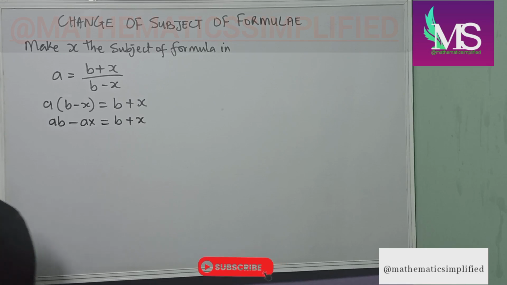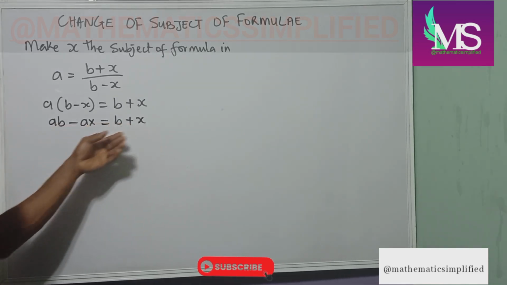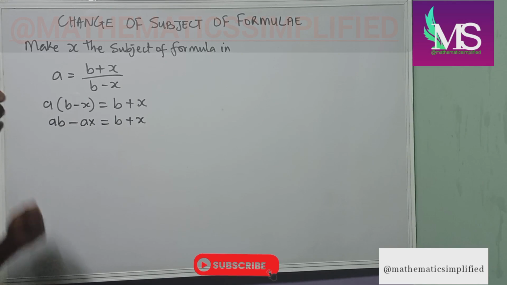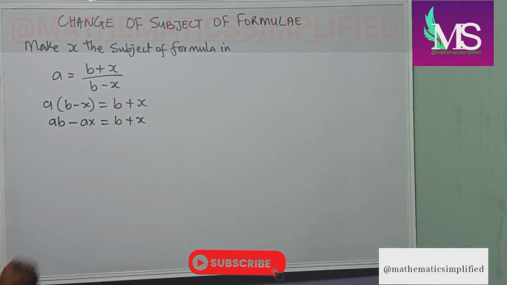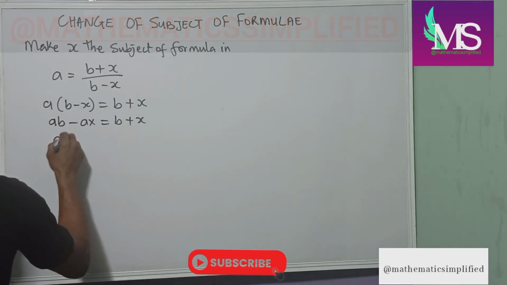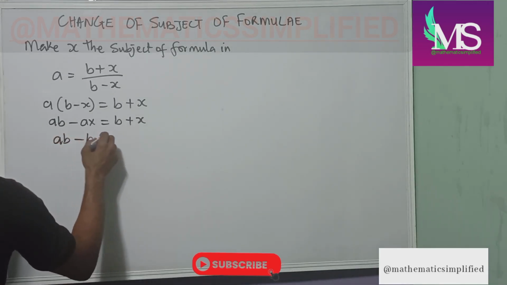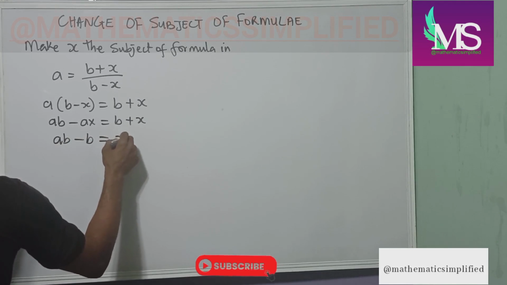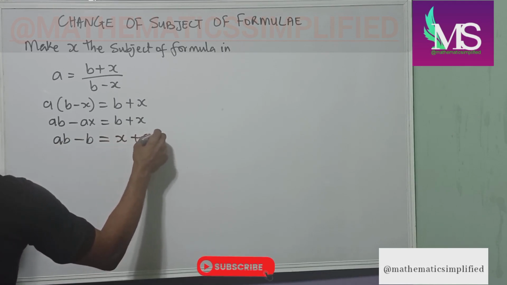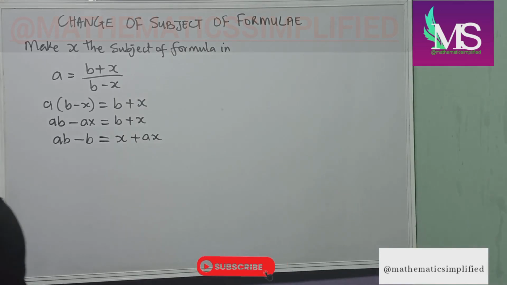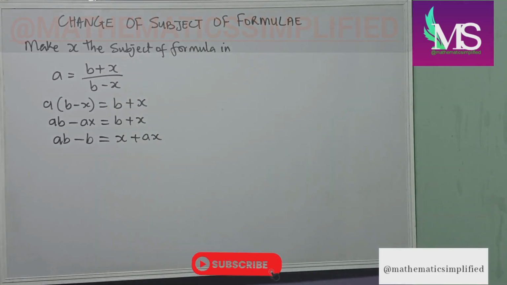All right, now we can see we have some common terms here, ax and x, so we bring them together. Collecting like terms, we have ab minus b equals x plus ax. All right, so from here, what next?